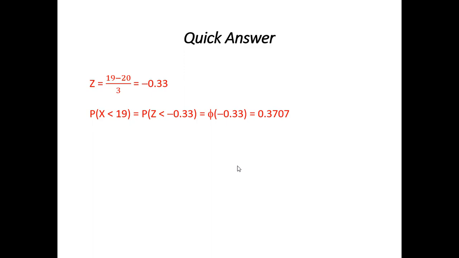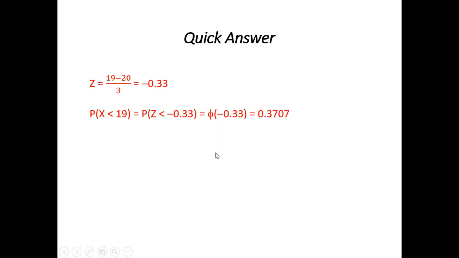But we want that expressed in terms of a decimal rounded to 2 decimal places, so we could use our table. So we could say that the probability x is less than 19 is equal to the probability z is less than minus 0.33, phi of minus 0.33.